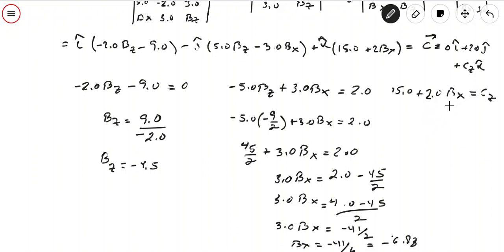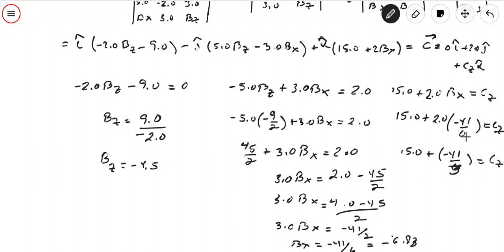And now we can replace this Bx over here by negative 41 over 6, or by negative 6.83, to find Cz. So we say 15.0 here plus 2.0 times negative 41 over 6 equals Cz. So this would be here now 15.0 plus negative 41 over 6. Sorry, it's 41 over 3, because 2 and 6 here cancel out.